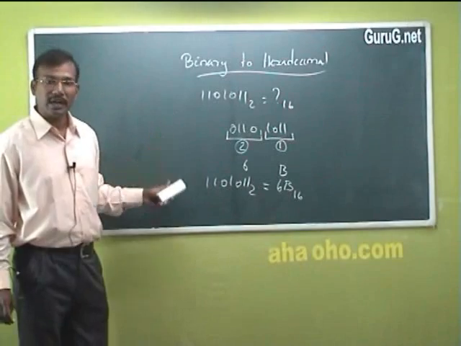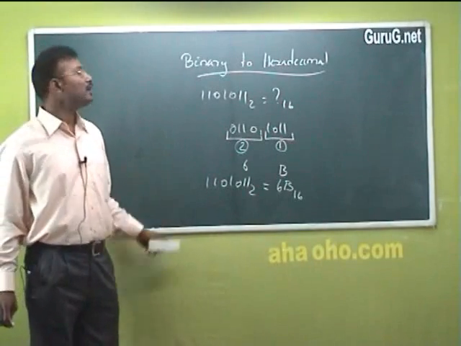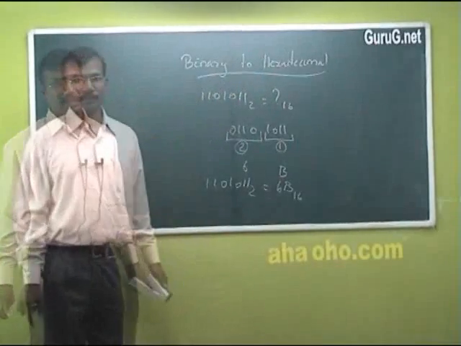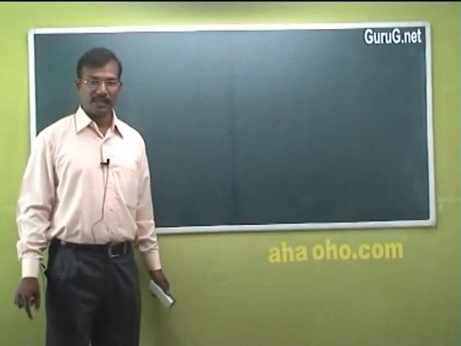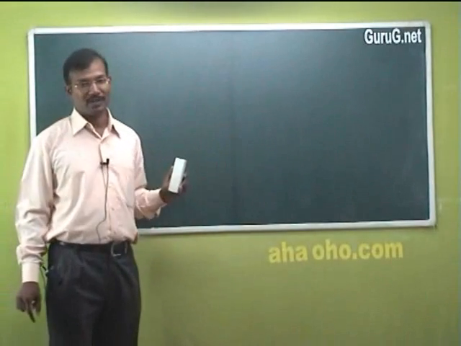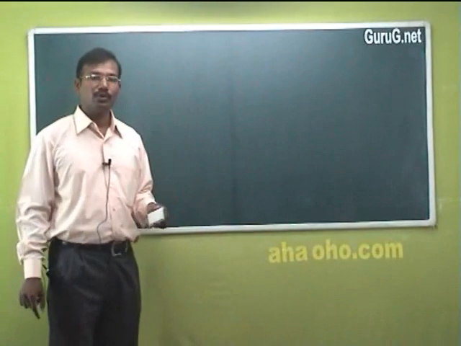So this is how you need to convert the values if it is given in binary to hexadecimal. The last two conversions are octal to hexadecimal, then hexadecimal to octal. How are we going to do it?